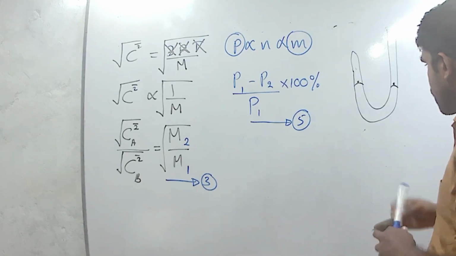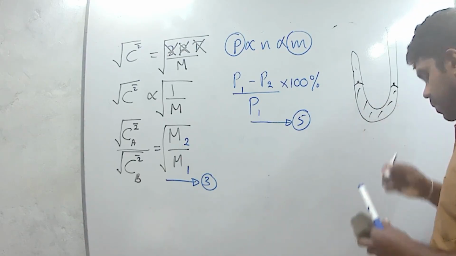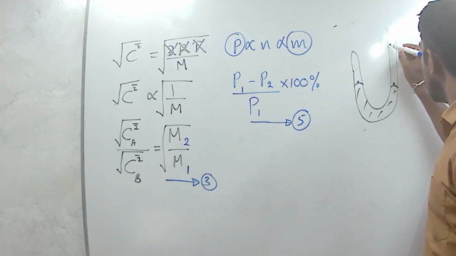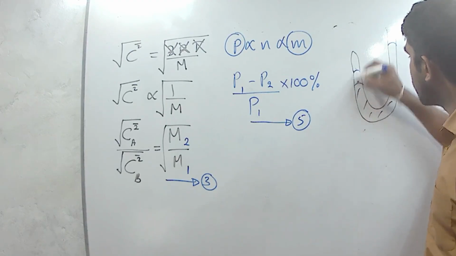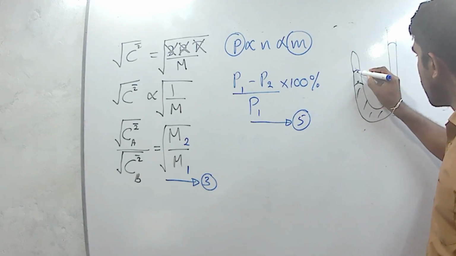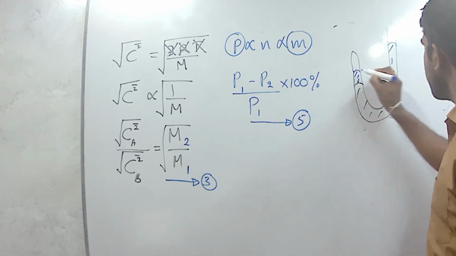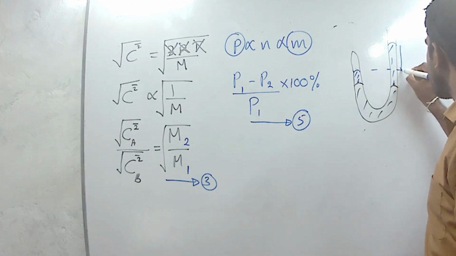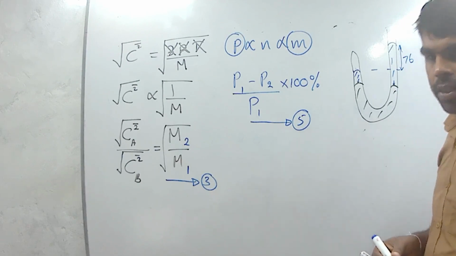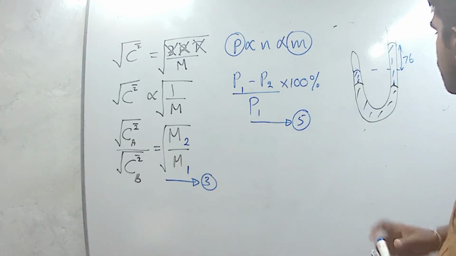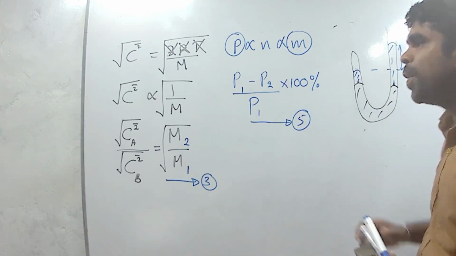Now, we have to pour mercury such that the level difference is 76. Then this level will increase. For the final situation, this level difference is 76 centimeters. 76 centimeters means this difference is equal to atmospheric pressure.